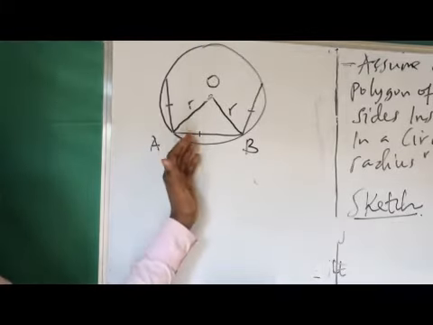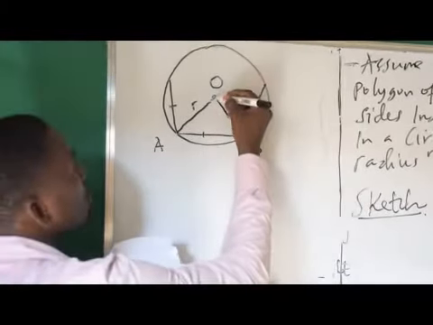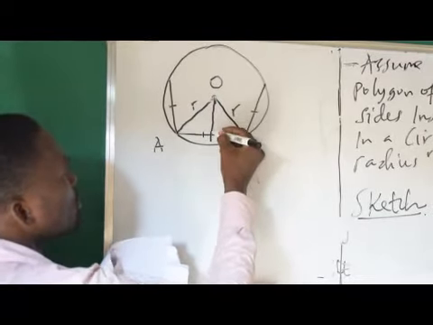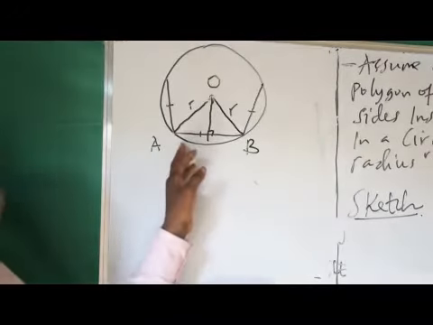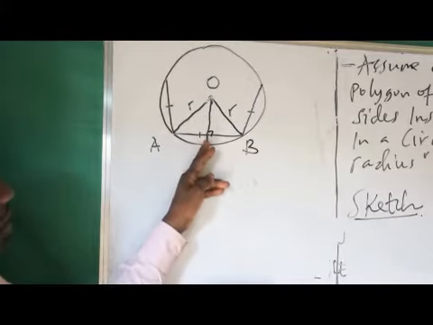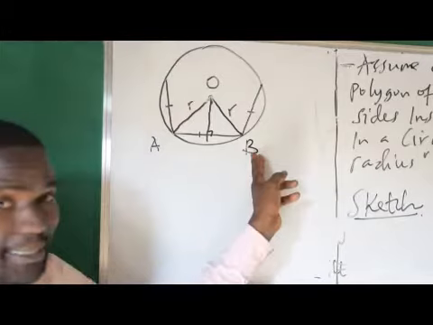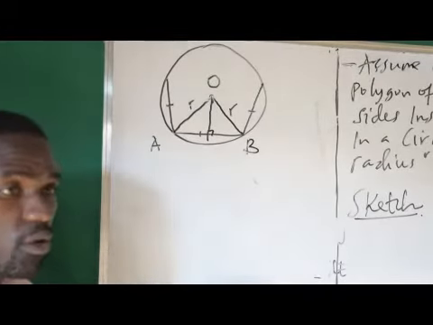Dropping a perpendicular line from O, this line is called a perpendicular bisector. So it bisects the angle AOB, and also it bisects the line segment AB into 2 equal halves.